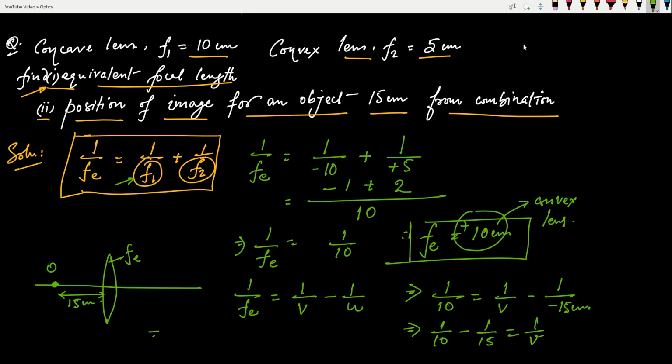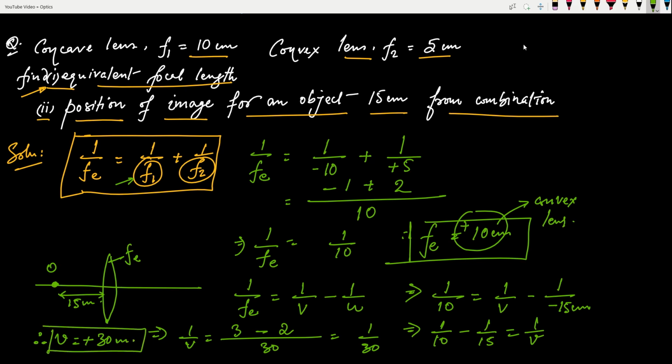If you take the LCM, it will be 30, then 3 minus 2, and it will be 1 by 30. Therefore we can say that v will be plus 30 cm. Therefore the image will be formed on the opposite side of the lens at a distance of 30 centimeter. I hope this is clear.